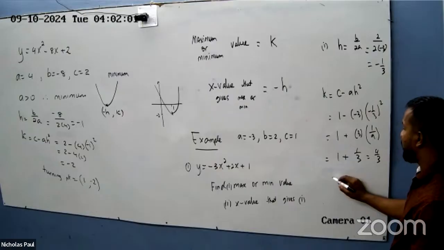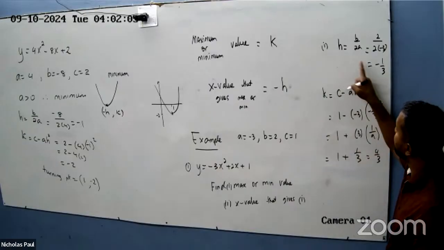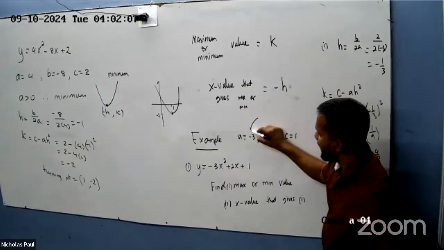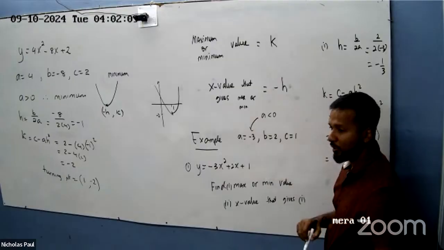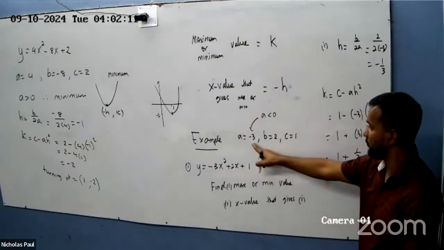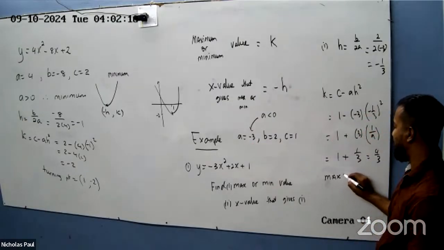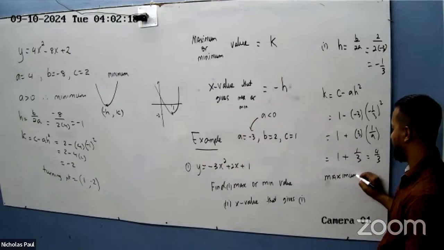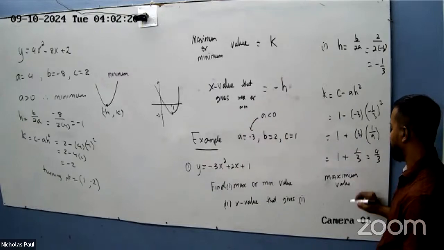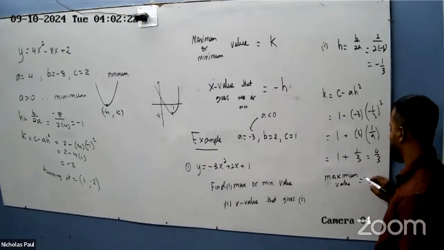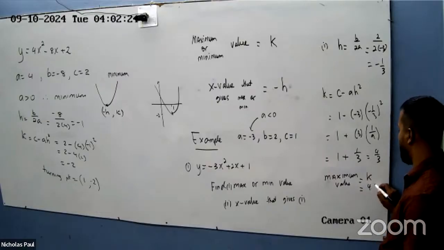So is it a max value or min value? A is less than 0, so that's a max value. Therefore, the maximum value is K, which is 4 over 3.